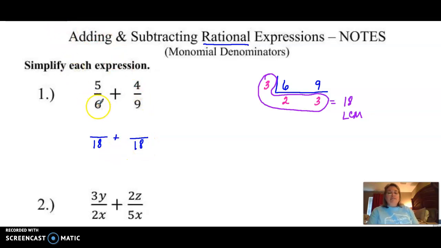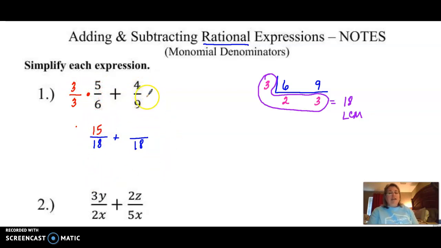So in order to make 6 look like 18, I have to multiply this fraction by a factor of 1, meaning 1 could be 2 over 2, 3 over 3, 5 over 5, whatever that number needs to be. So what we're looking for is, what do we multiply 6 by to get 18? Well, we multiply by 3. So in order for this to be a factor of 1, it needs to be 3 over 3. So to get my numerator, I'm going to multiply 3 times 5 and get 15.